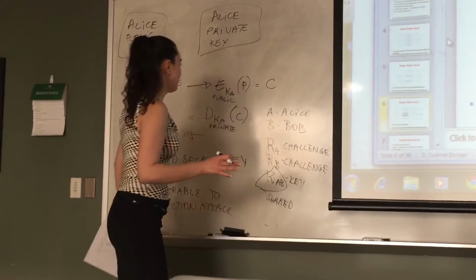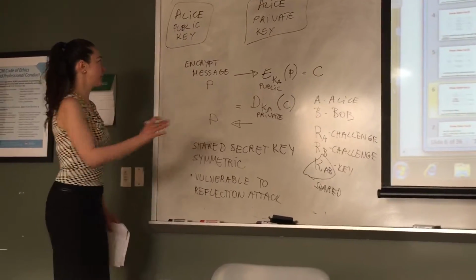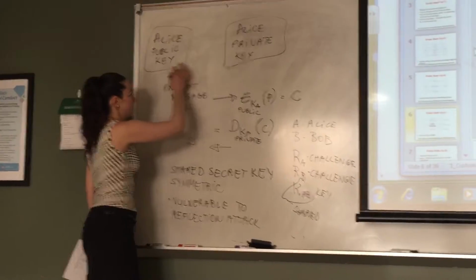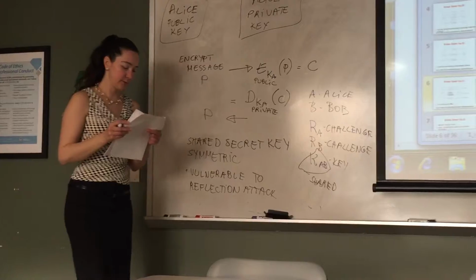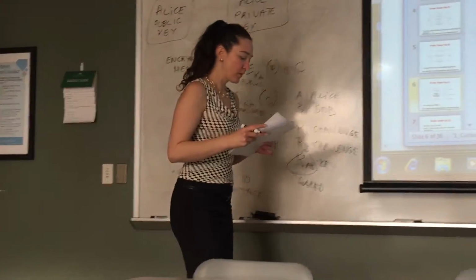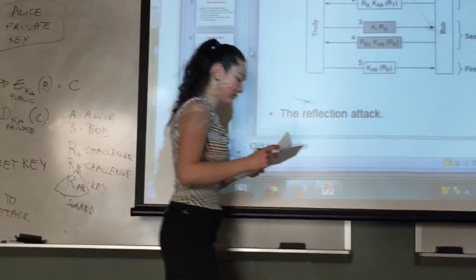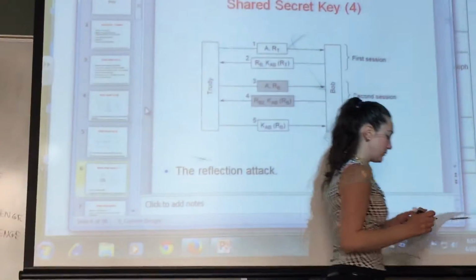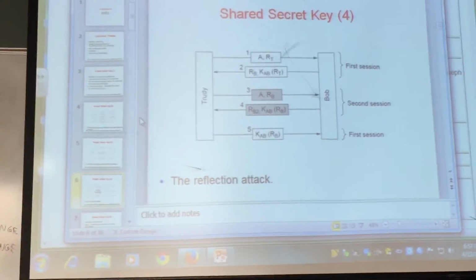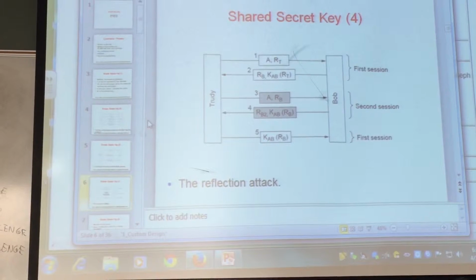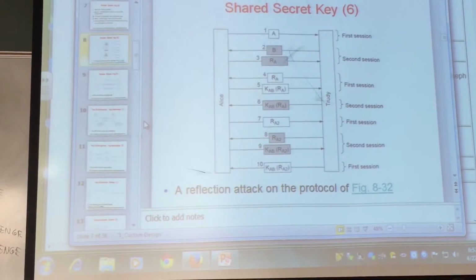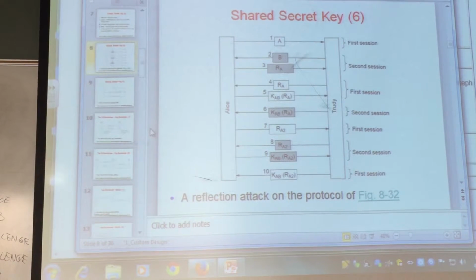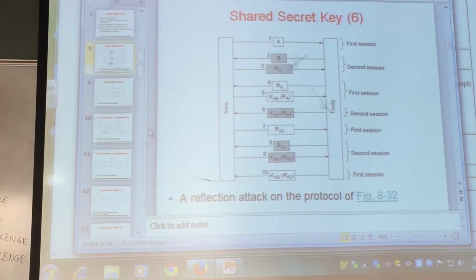We could have the initiator and responder use different keys, which is similar to the idea of a public and private key, instead of using a symmetric key. We can have them draw challenges from a different set of keys.